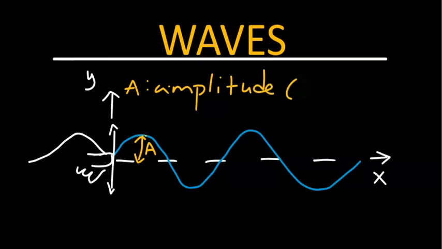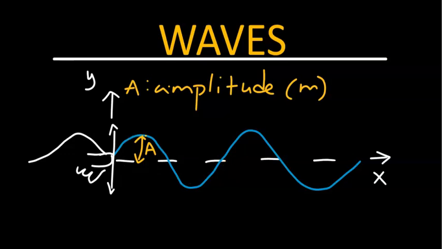It is measured in meters, and that represents the magnitude of the maximum displacement of the elements of the string from their equilibrium position as the wave passes through them. The equilibrium position is represented by that x-axis.